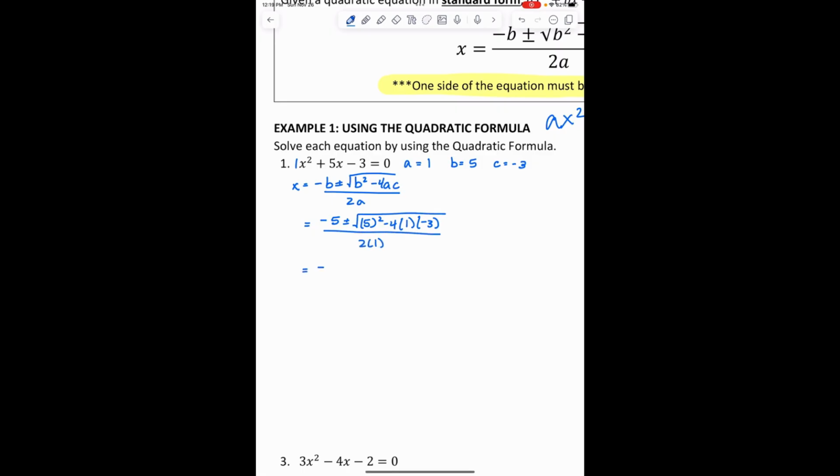Okay, so that'd give us negative 5. Order of operations. Simplify the stuff underneath the square root first. So we go 25 minus 4 times 1 times negative 3.